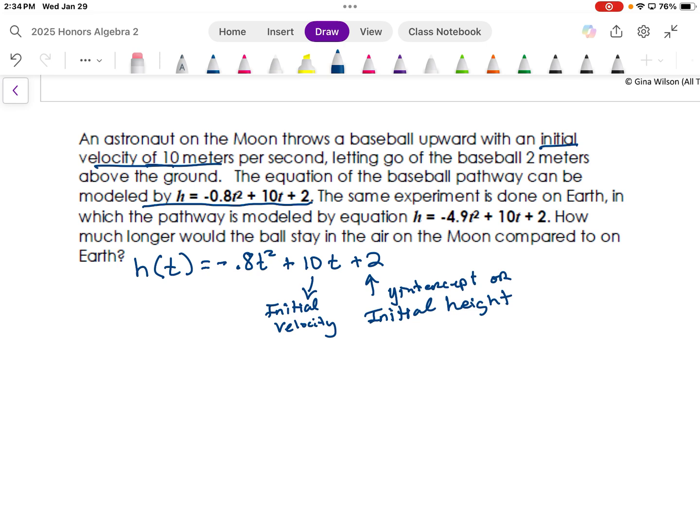Now, the number out front here on the t squared, this is gravity. In these kind of problems, that number is always going to be, since we're dealing with meters, they have it set up that way. It's usually either, of course, that's gravity on the moon, is what that is.